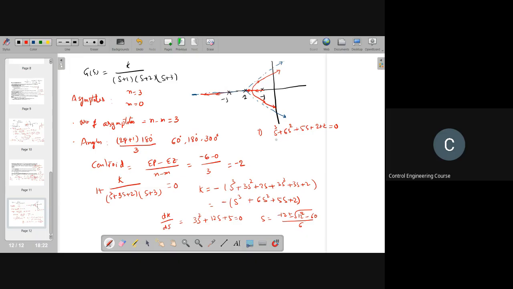Given the characteristic equation, we need to construct a Routh array: s cube, s square, s and s naught. So you will have 1, 5 and 6, 2 plus k. Here it is (30 minus 2 minus k) divided by 6 and 0, and this is 2 plus k.